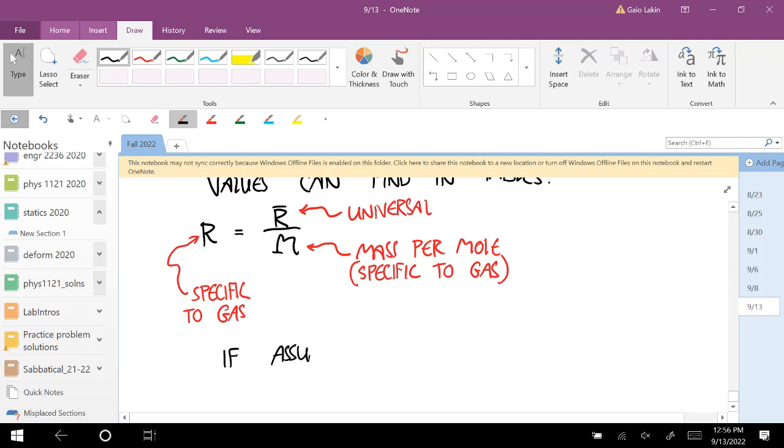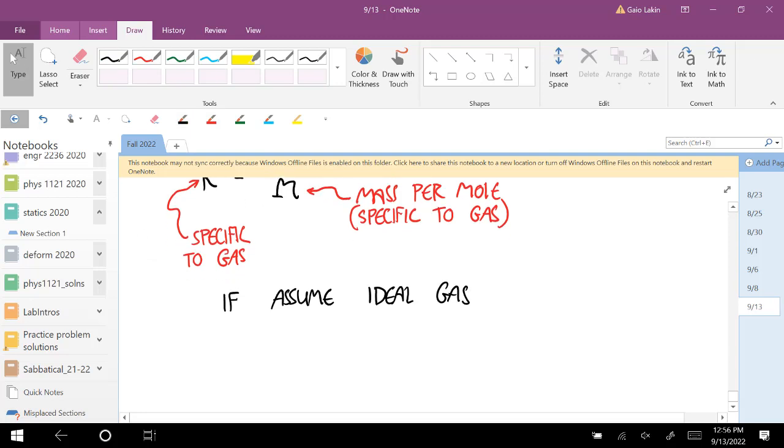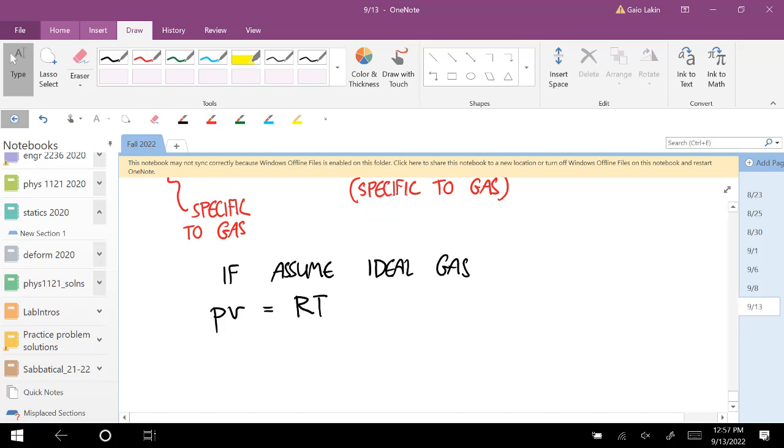If you make the assumption of an ideal gas, then here are the things that you know. The pressure times the specific volume is equal to R times temperature. That's going to be our form of the ideal gas law. The specific internal energy, just like it was for liquids, is only a function of temperature.